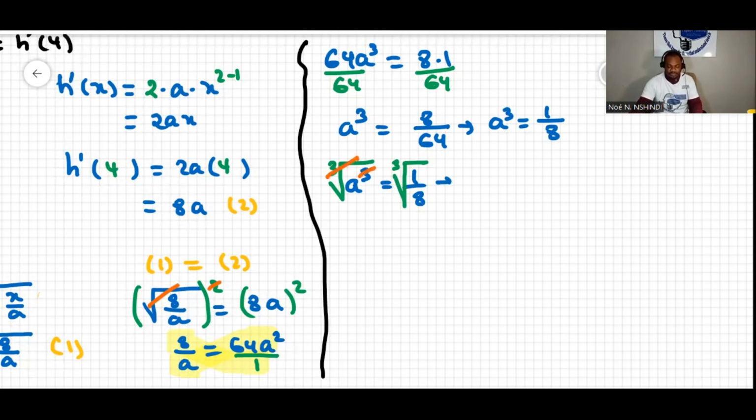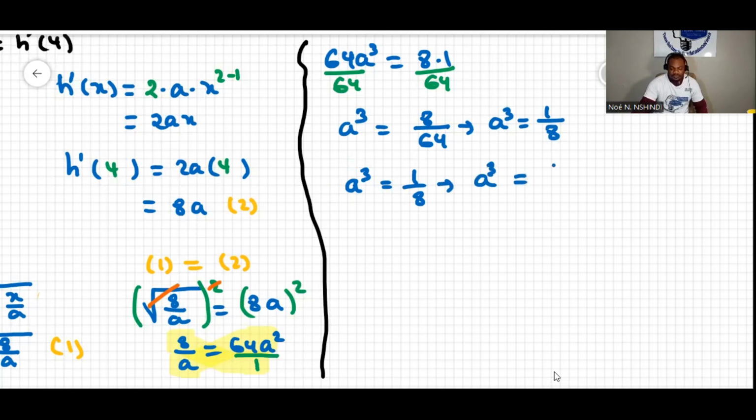Actually, maybe I should write it another way before putting the cube root. Let's do it this way: a cubed equal to 1 over 8 can be written in terms of its prime factor.